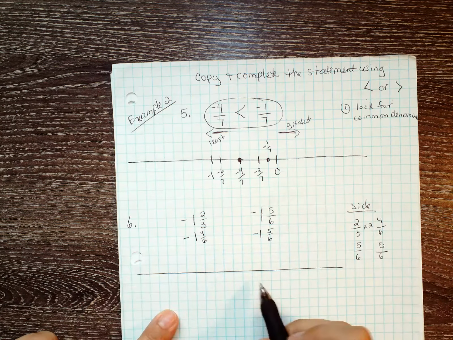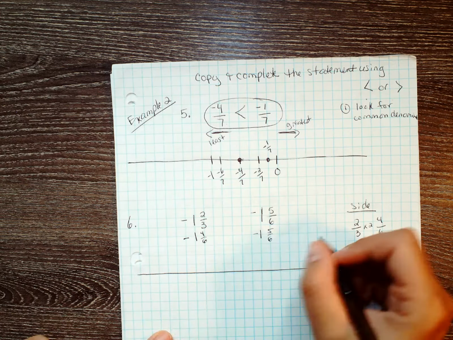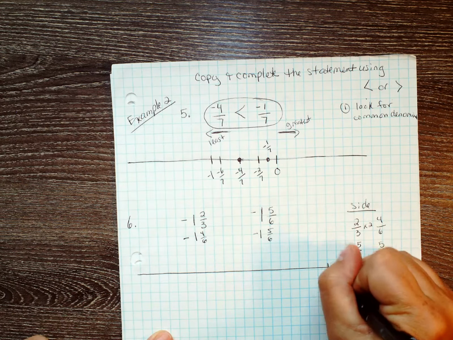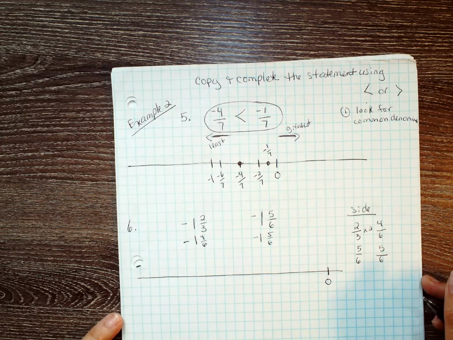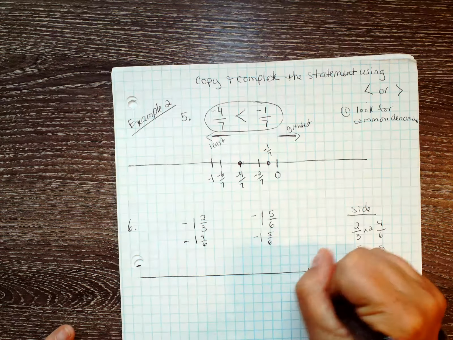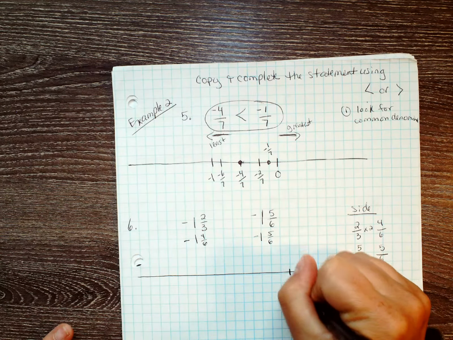Okay, so this is a very large number line. They're both negatives, so I'm going to make my 0 here. And I am going to go by 6ths, and I have to go all the way to -2. So this is going to be -2/6. This is going to be -4/6.